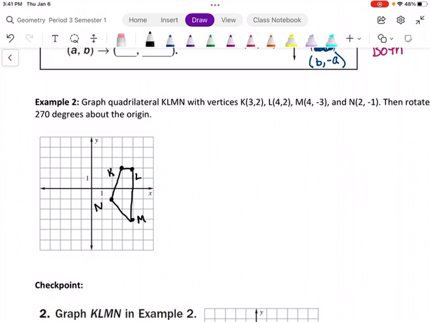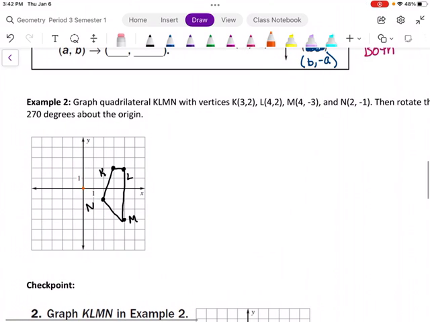So we're going to rotate this 270 degrees about the origin. And this did not give us a direction, so we are going to go counterclockwise. So that would be towards the left. So what we're going to do with these coordinate points is first we're going to see where they are.